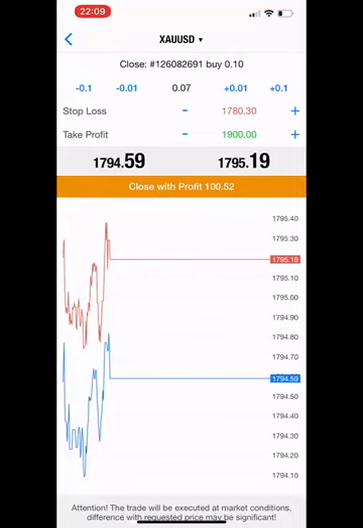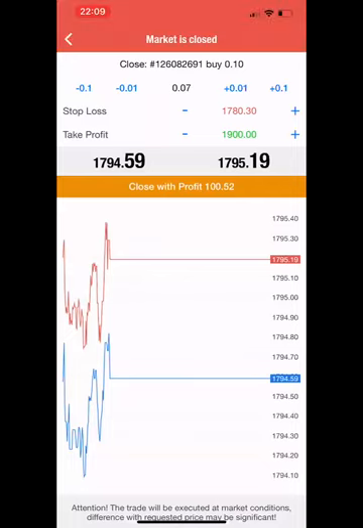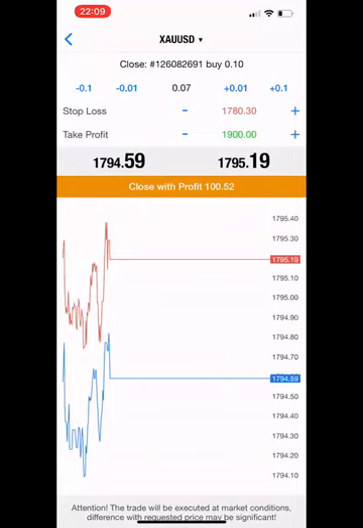Now with partial profit, when you click on close, it won't let me do it because the market's closed, right? When you click on close, it will automatically bank what you choose, whether it's 100, 129 or 114, and change my lot size.